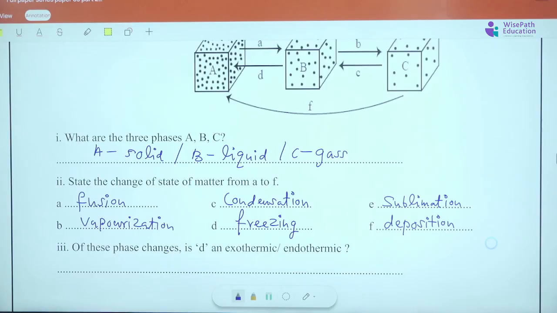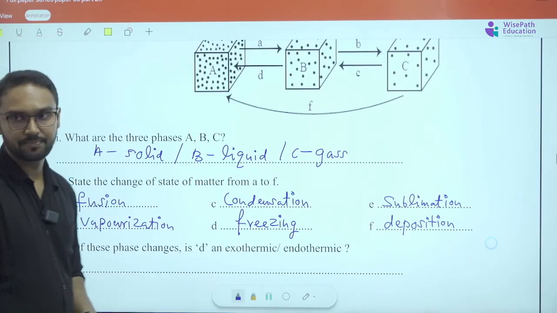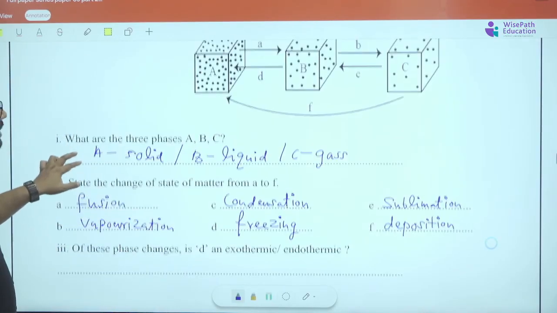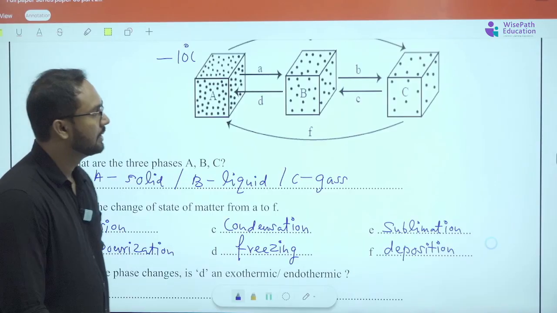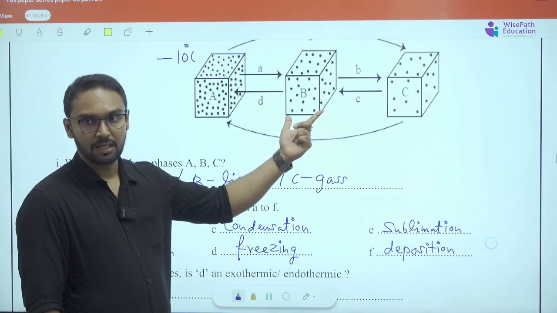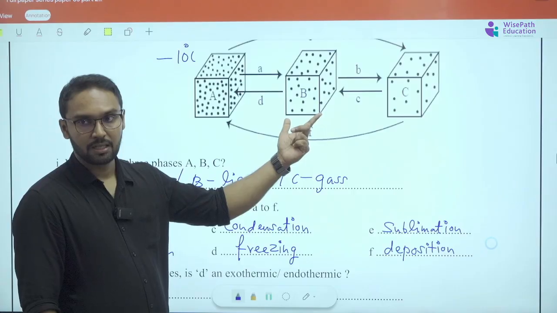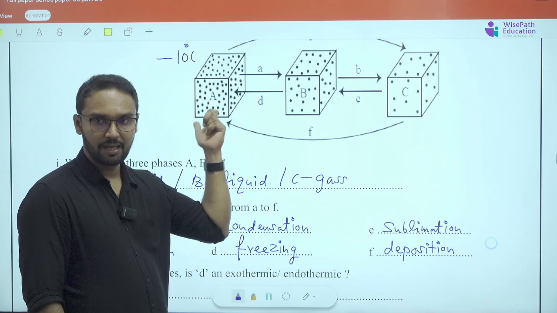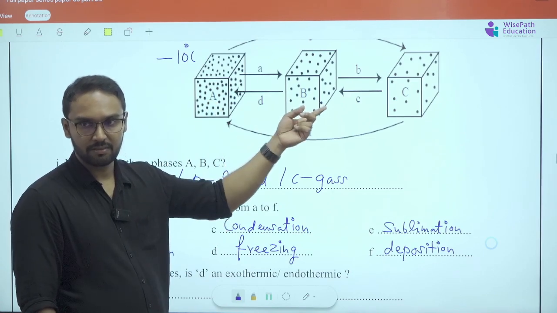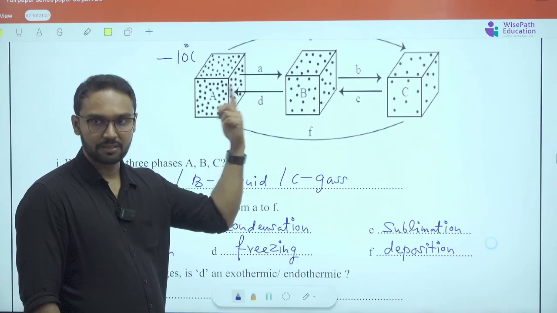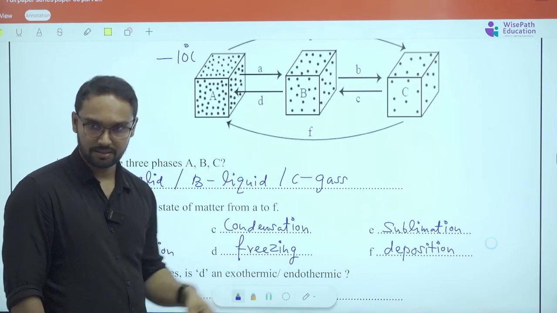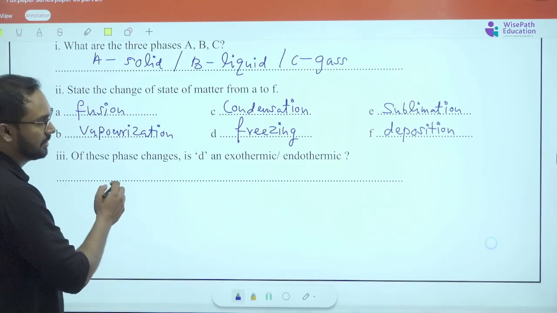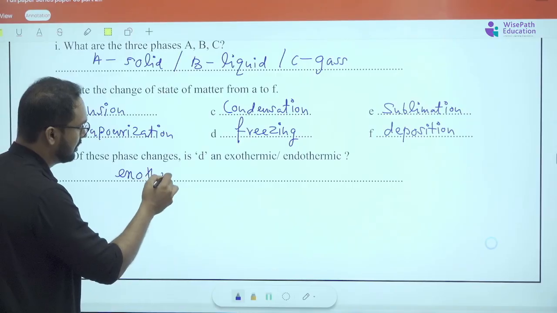Of these phase changes, is D exothermic or endothermic? How do you find it? B has more kinetic energy because it's liquid, and A has less kinetic energy. So converting from high energy to low energy, reactants to products, it releases heat. It's exothermic.